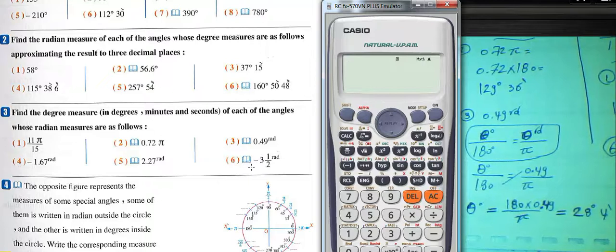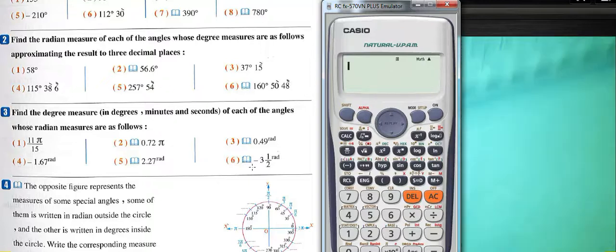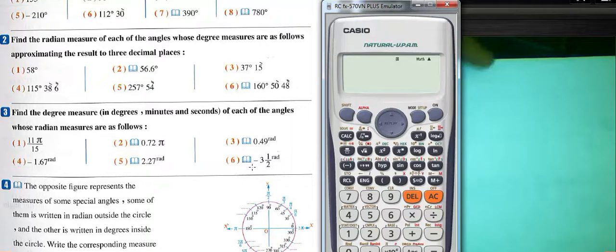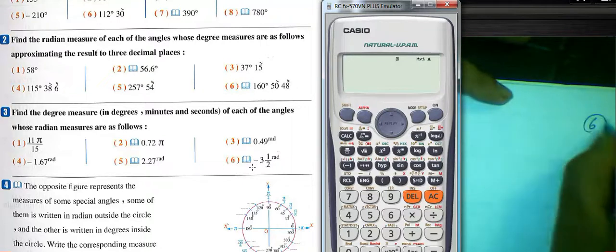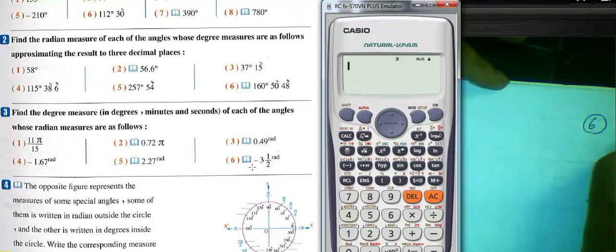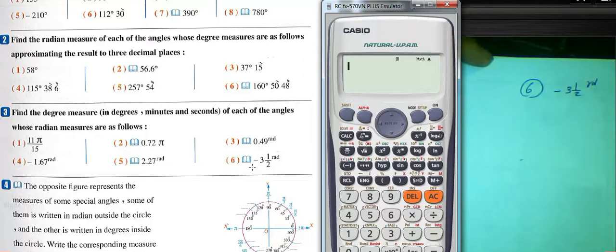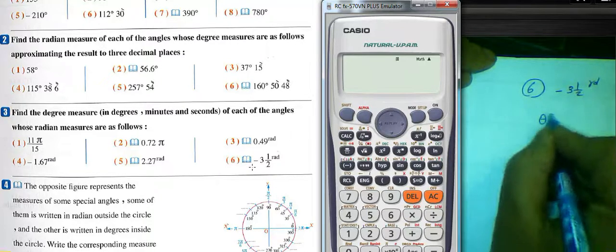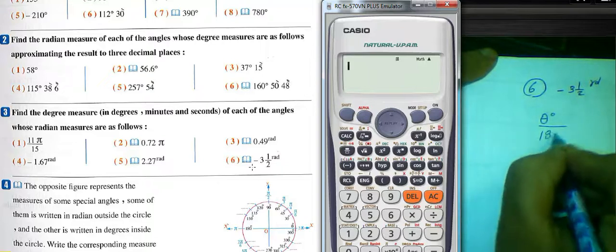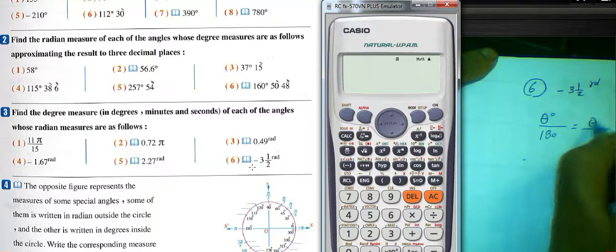Question number 6. Negative 3.5 radian. We want to convert it to degree measure, so we have the relation theta degree over 180 equals theta radian over pi.